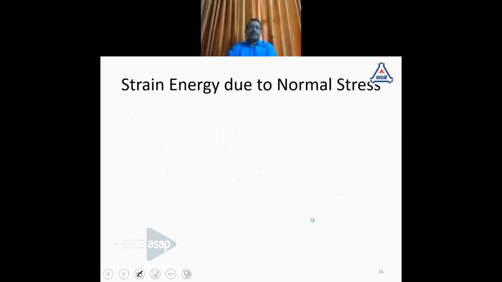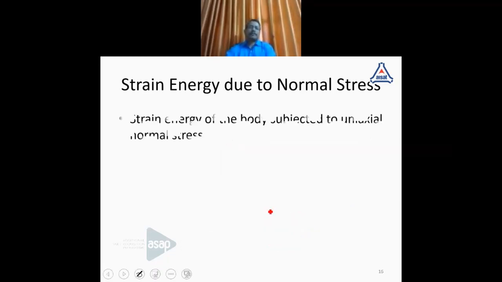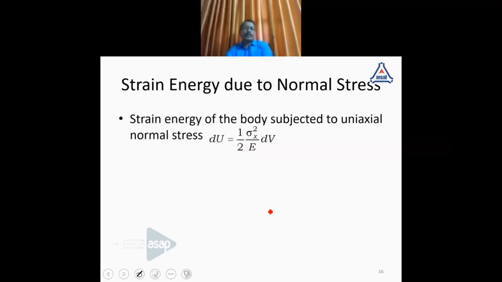Now, this can be used in the expression du by dv. That expression and this one can be combined to write like this: du is equal to s into dv.